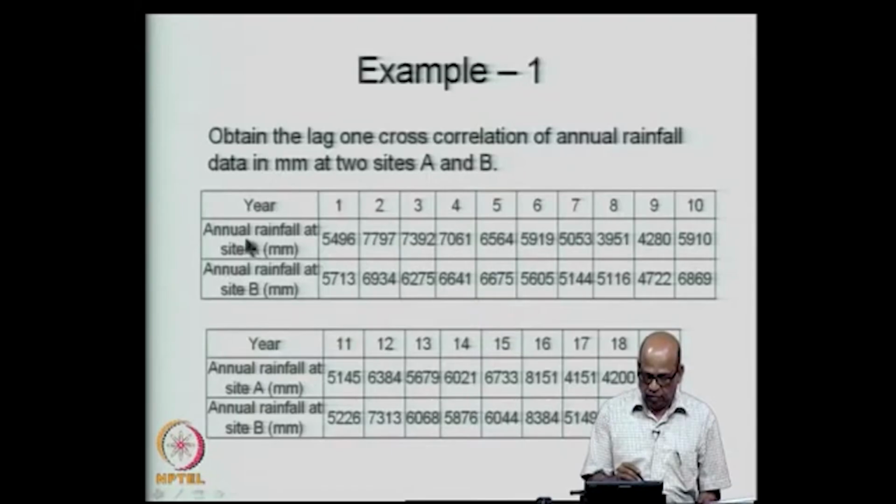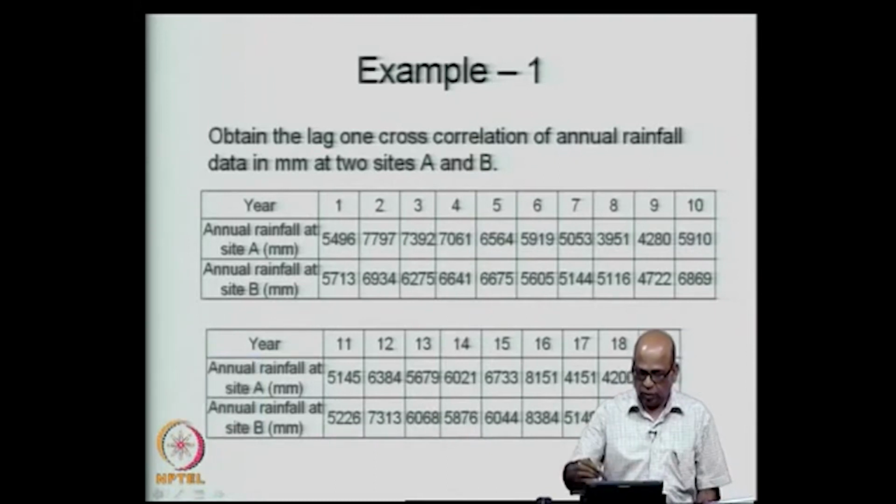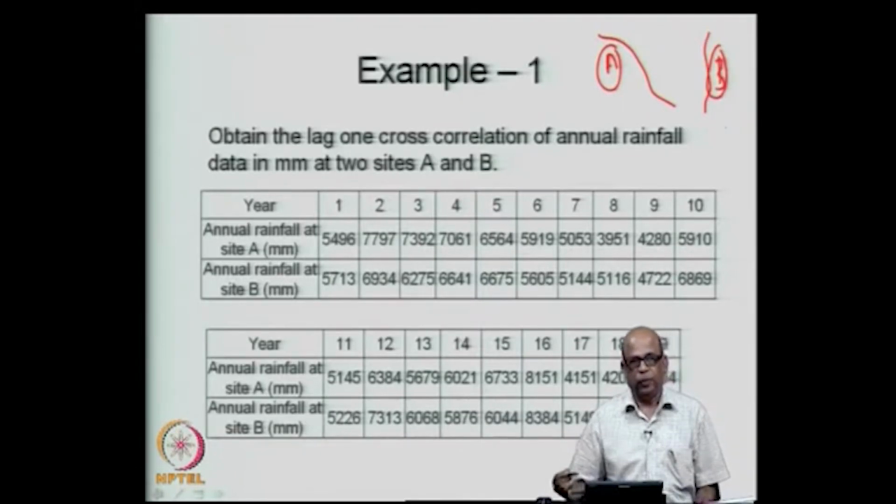We have simultaneous observations on two sites, let us say this is site A and this is site B, and both of them belong to the same hydrologic region or homogeneous hydrologic region, and you want to build cross correlations among these two.